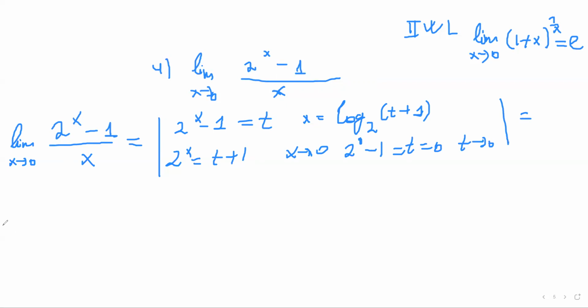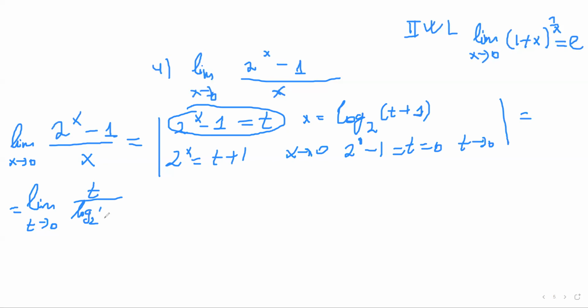So we write our new limit after substitution. Limit t tends to 0. 2 to the power x minus 1 is actually t, divided by x from our substitution. We substituted x as logarithm base 2 of t plus 1. So it's again limit t tends to 0.